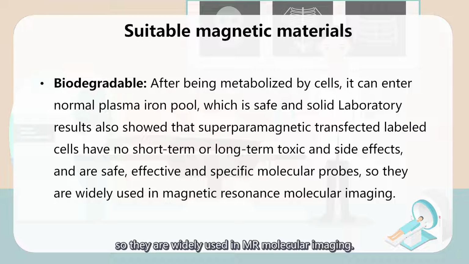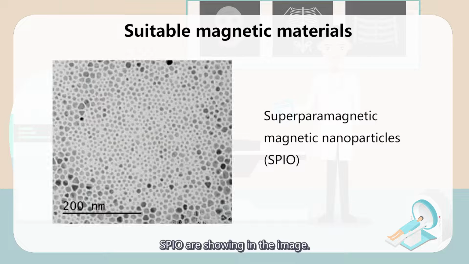So they are widely used in MRI molecular imaging. SPIO are shown in the image. According to the image, we find the particle size is less than 15 nanometers. Okay, this is all for this part. Thank you.